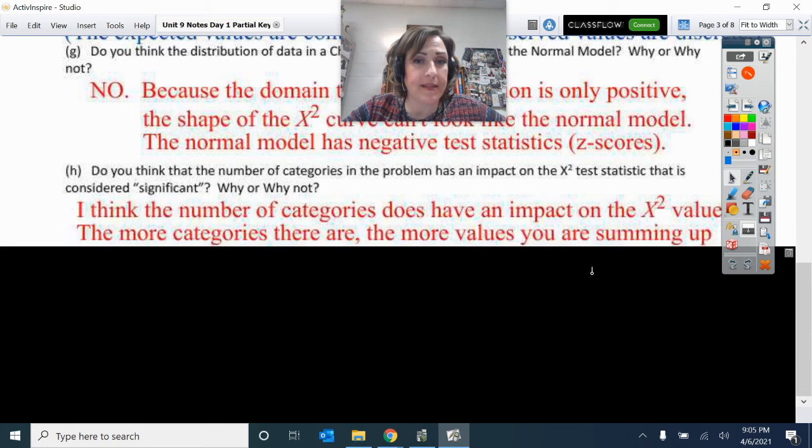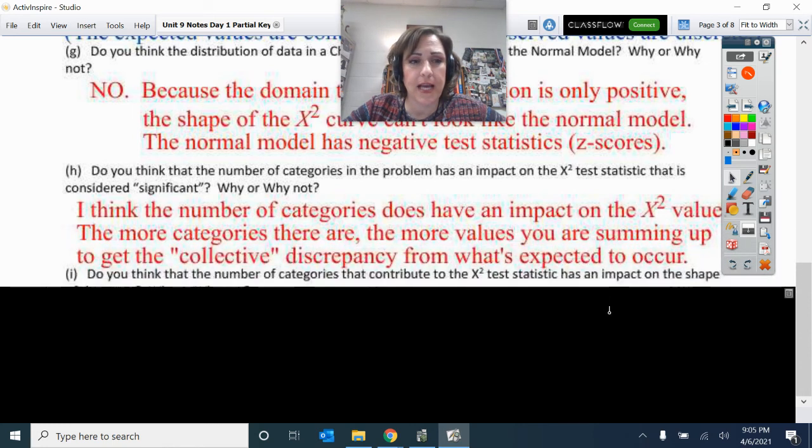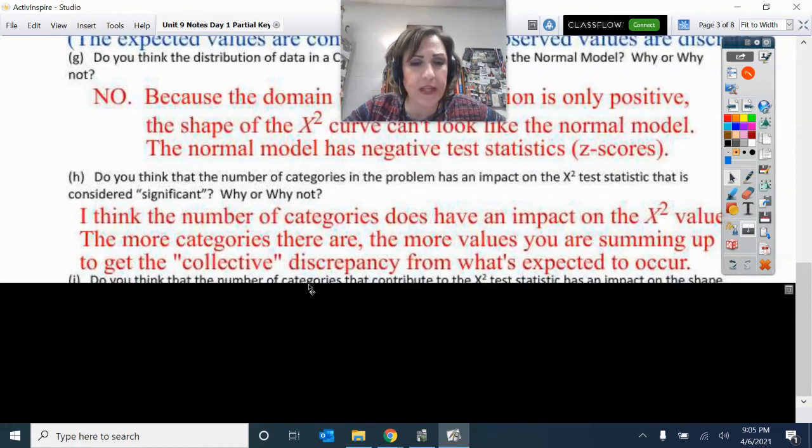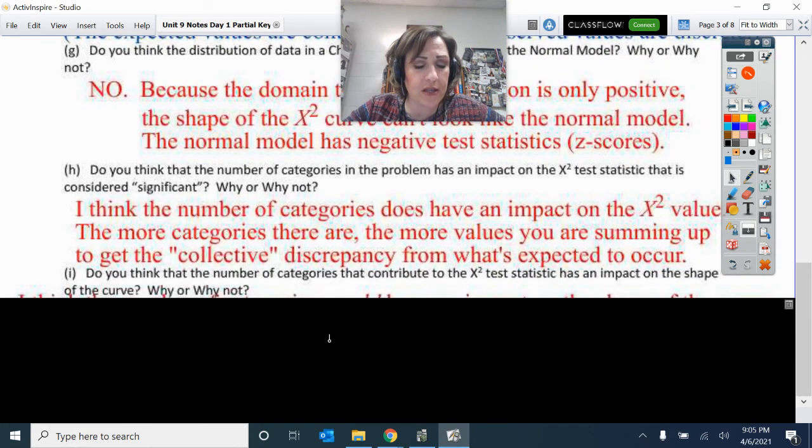How about this? Do you think that the number of categories contributes to the chi-squared test statistic? Or does it have an impact on the shape of the distribution? Why or why not? At first that seems weird to think about, but when I think about this question, yeah, I think so.